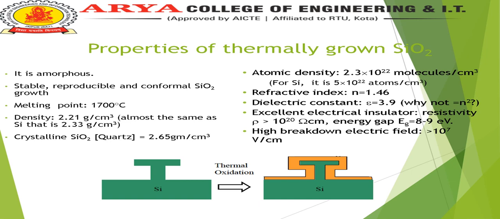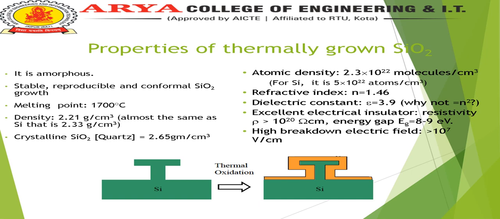So what are the properties of thermally grown silicon dioxide? It is amorphous, with stable, reproducible and conformal silicon dioxide growth. Melting point is 1700 degrees Celsius. Density is 2.21 gram per cubic centimeter. Crystalline silicon dioxide, quartz, has a density of 2.65 gram per cubic centimeter. Atomic density is 2.3 times 10 to the power 22.